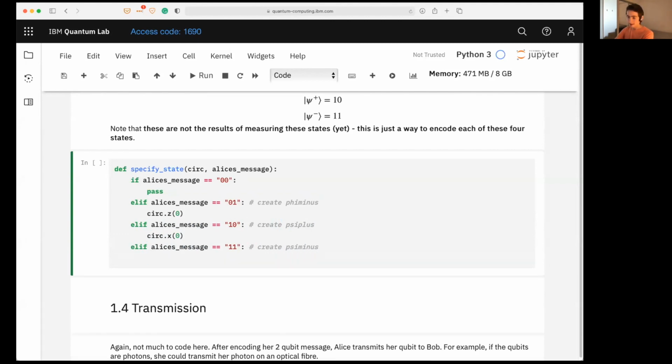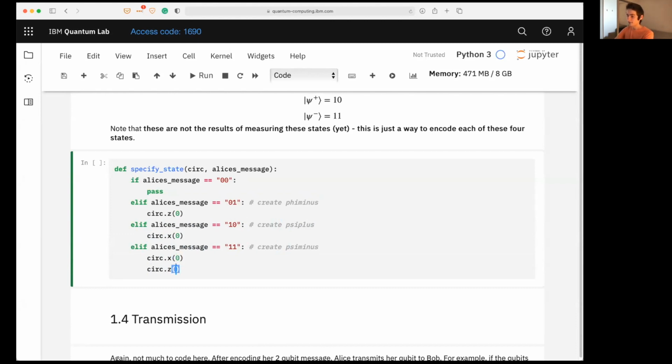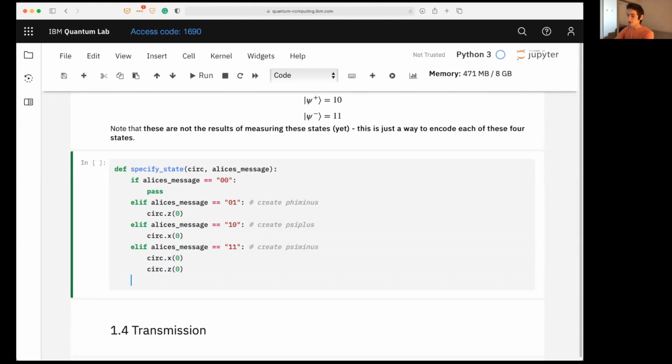And so to do that, again, we're going to do an X gate first, and then a Z gate. OK, and just for our own debugging, I'm going to put an else clause here. If we happen to send in a different message that we're not supposed to, I'll just print out invalid message. Cool.